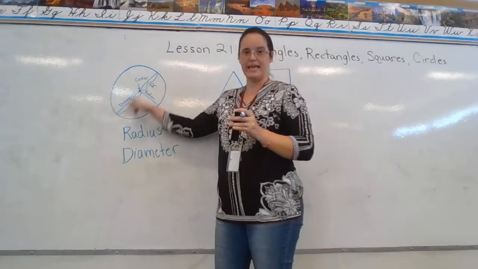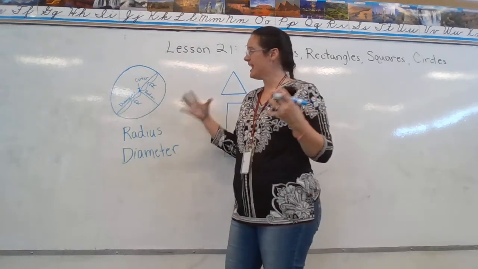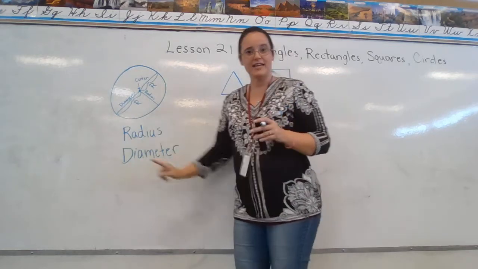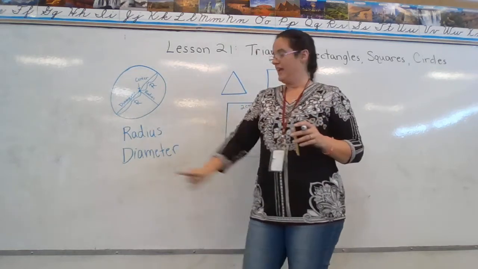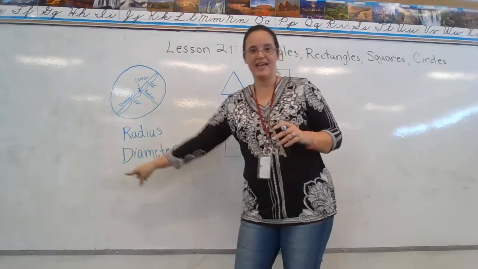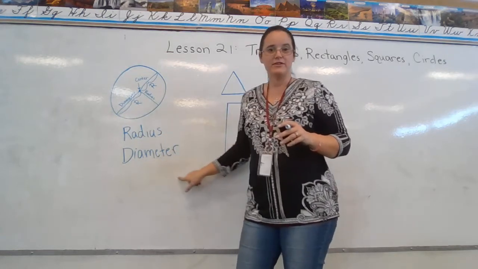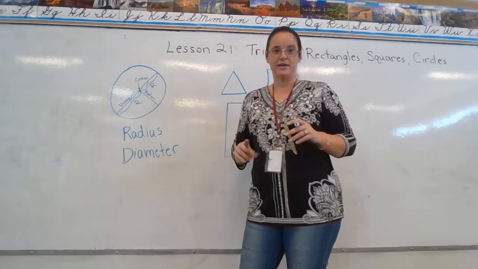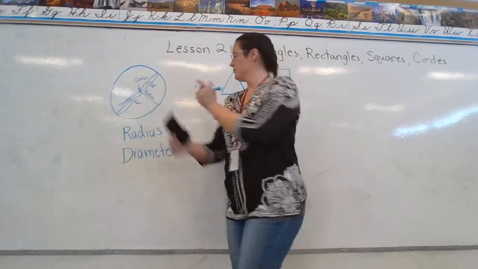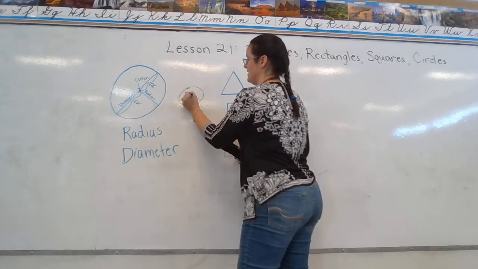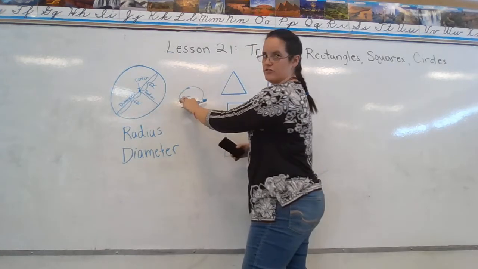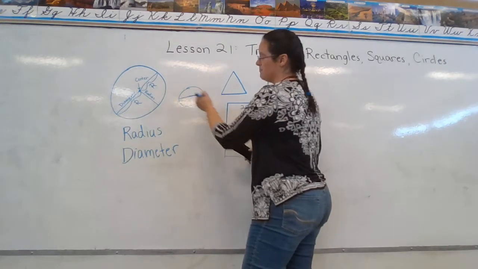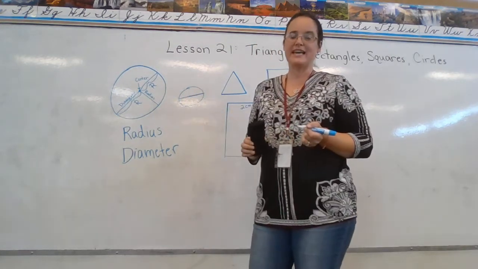So they'll be the same distance, and it can be considered two radiuses. Anytime you have one circle and you measure the radius, the diameter is always going to be 2 times the radius, because you have one radius on one side of the circle and then one radius on the other side of the circle, and put those together and what you get is a diameter.